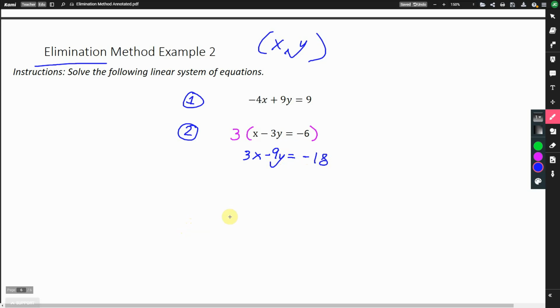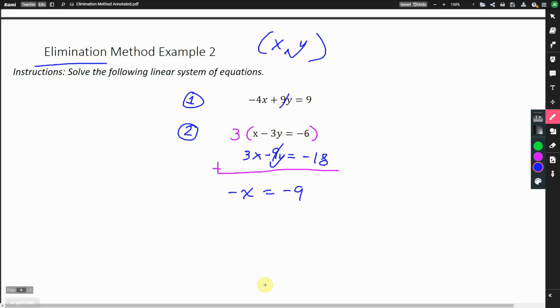This is totally legal, so don't trip. But now what I can do is add these, just this one and the new equation. Okay? So then what you have is negative 4x plus 3x, negative x. Then negative 9 minus 9 cancels out. That's what we wanted. And then we have 9 plus negative 18, which would be negative 9.